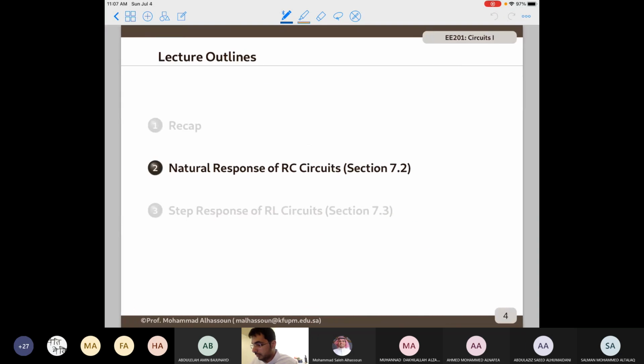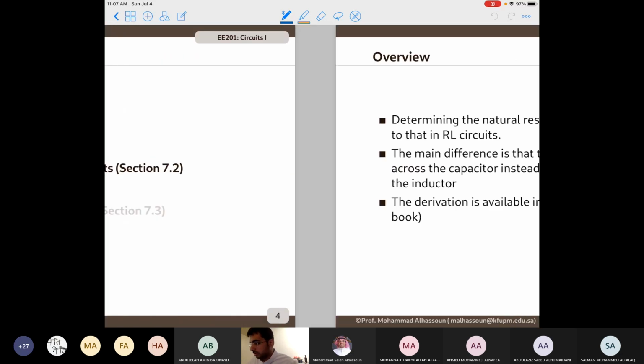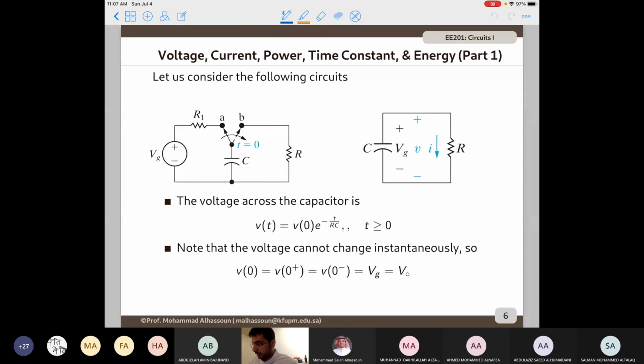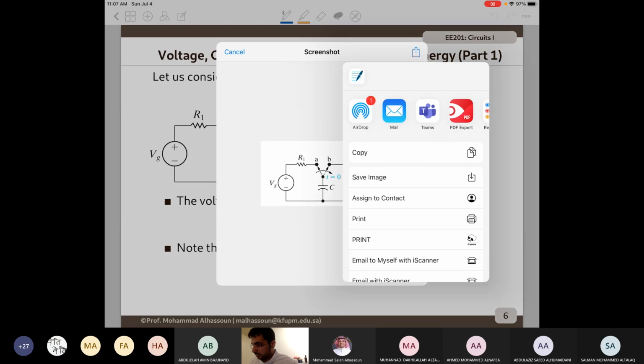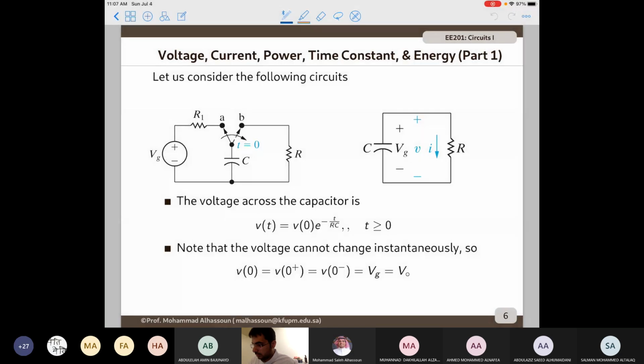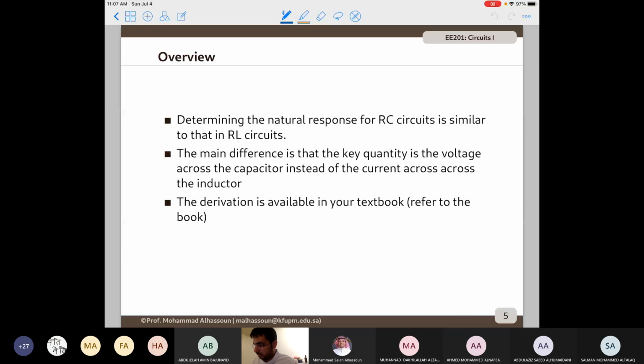So let's see what happens if a circuit has a capacitor and a resistor. So of particular interest to us is this circuit. So let me bring it here. So this is a circuit that we are interested in.